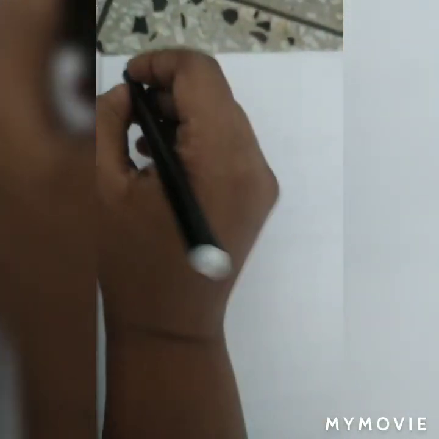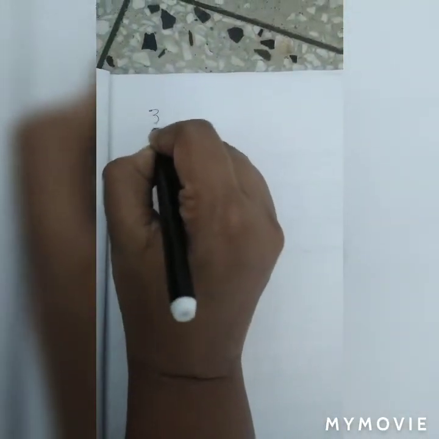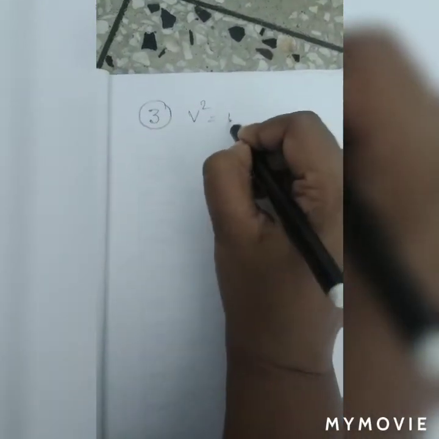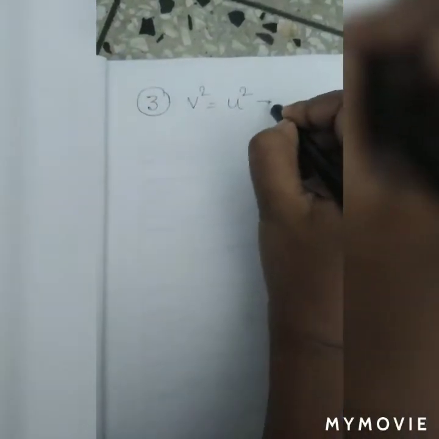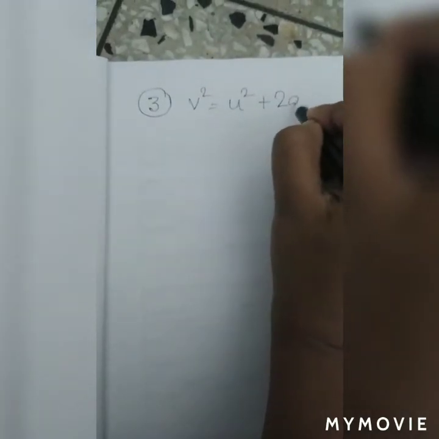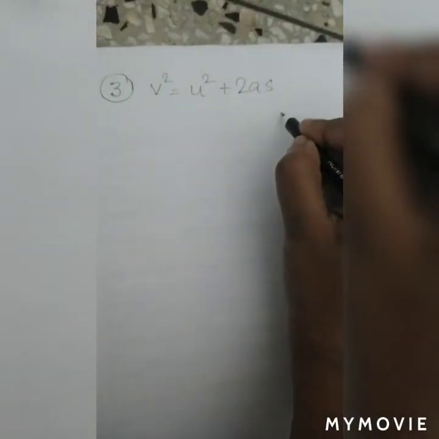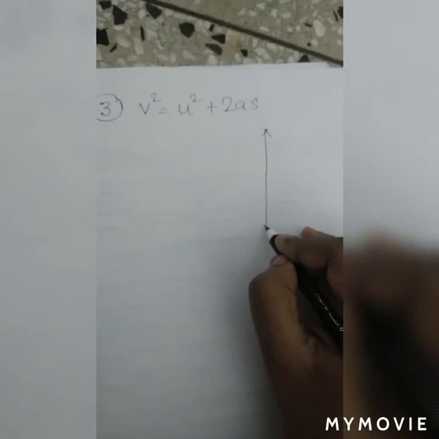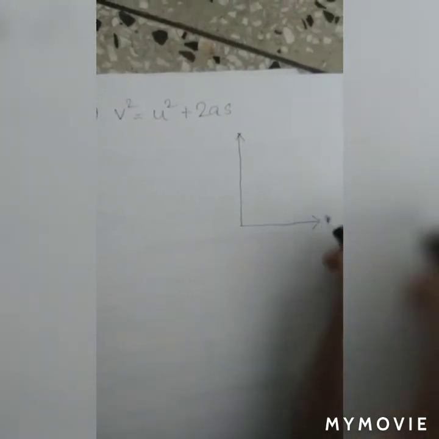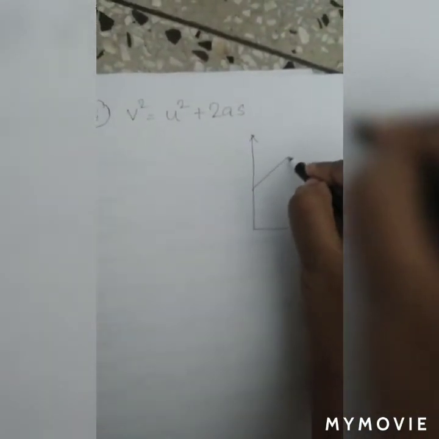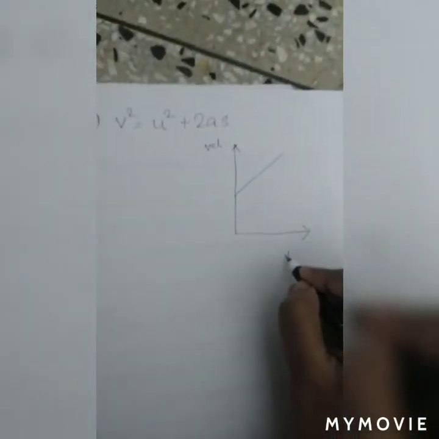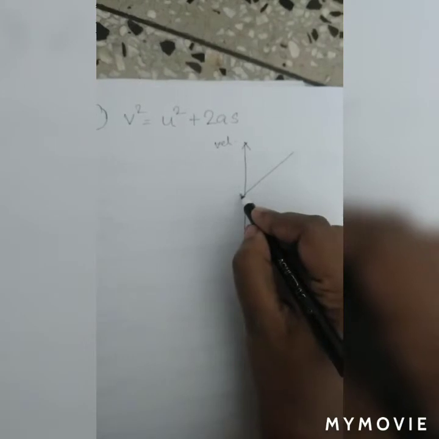Now we will be getting across the third formula, which is V square is equal to U square plus 2AS. Again I am drawing the same graph, the velocity time graph.